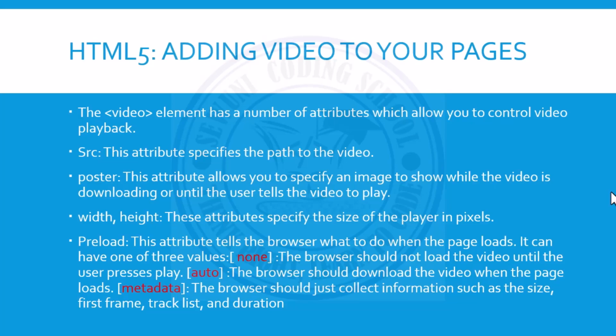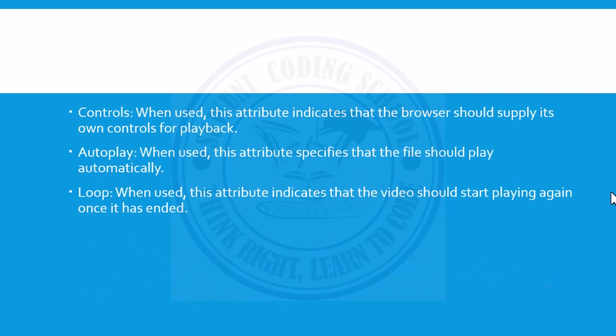We explained that the auto value that preload has allows the browser to download the video when the page loads. It's different from autoplay. Autoplay plays the video automatically. Loop simply means something should occur over and over again until something else happens.